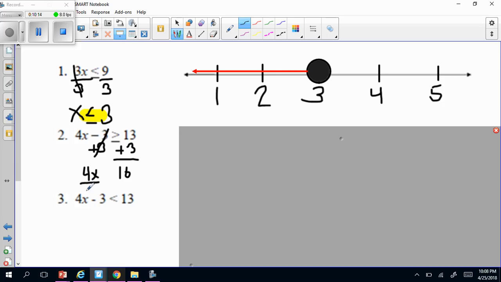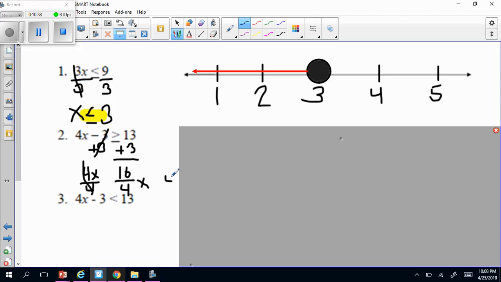I'm going to get rid of the 4 by dividing it. That's gone. I have to do the same to the other side. So 16 divided by 4, that's going to give us 4. So now we have our x by itself, and then we have 4 on the other side.